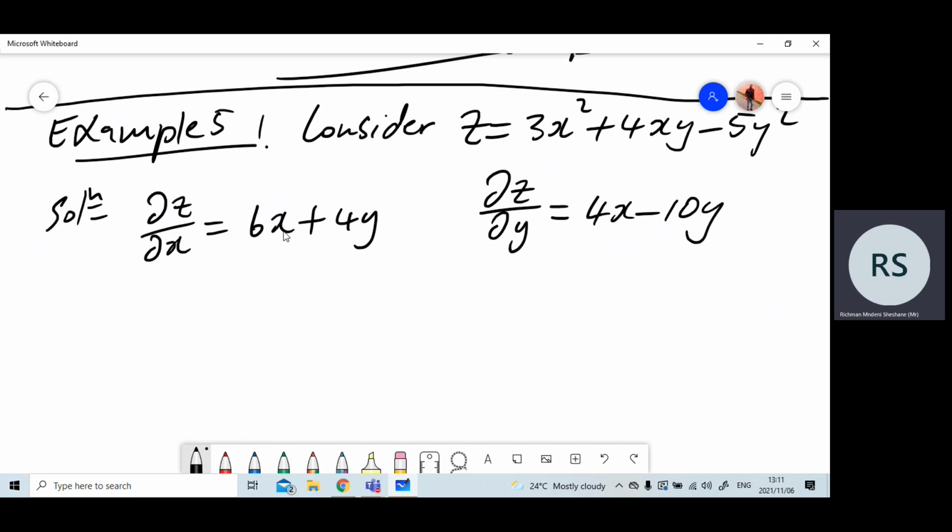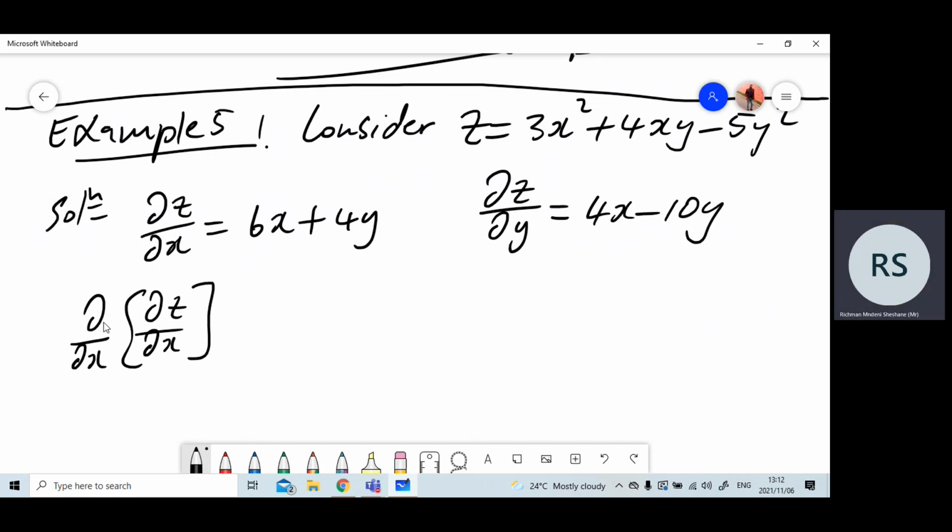So again, we can find a second partial derivative on each partial derivative. So we can consider a partial derivative with respect to x in the first partial derivative. That's how we write.